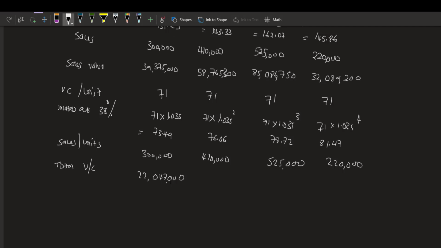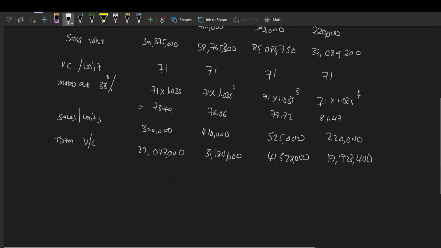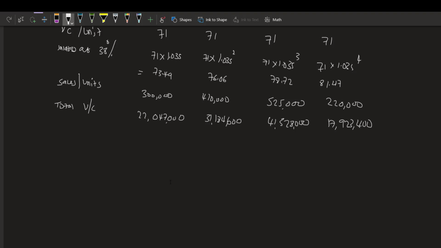Next one, 410 times 76, we get 31,184,600. Next we get 525 times 78, we get 41,328,000. The last one, we take 81.47 times 220, we get 17,923,400. And that's it. That's our total variable cost.